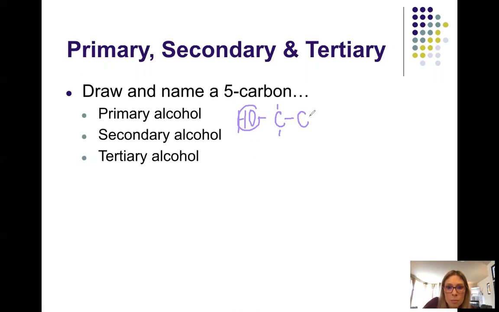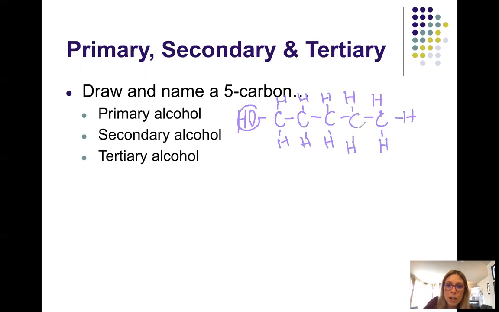And so that would look more like if it's a 5 carbon, we're going to do that. And then again, the rest of it would be fully saturated just with hydrogens. This pen is kind of funny to use. So we're going to be drawing all the hydrogens around it like that. I'm not going to necessarily draw all the hydrogens for all the rest of the compounds. But this is going to be our primary.